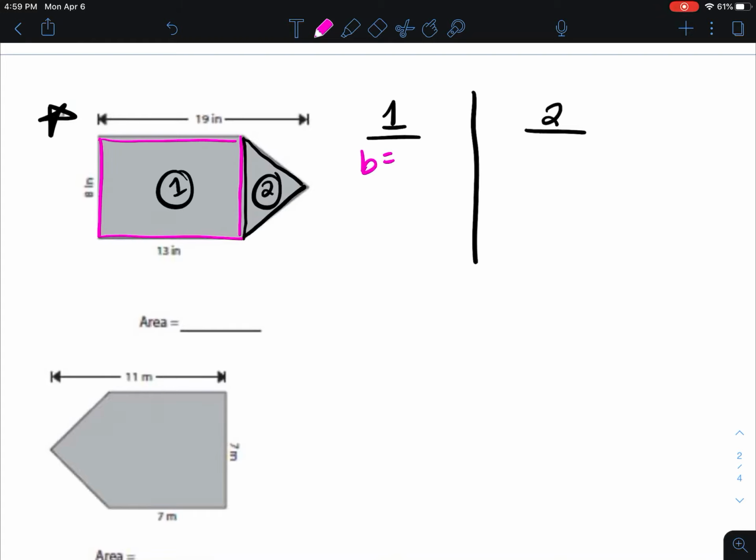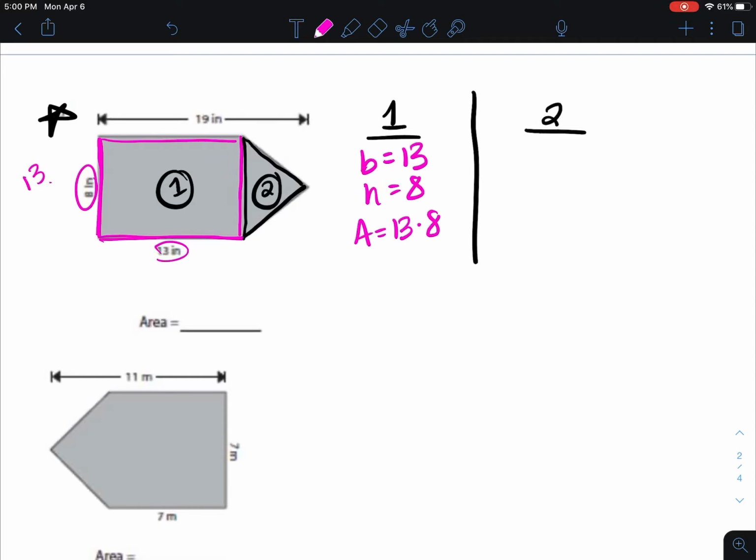So first off, I have to identify the base. If I'm just looking at that, it says that there's a 13 right there. That 13, yep, that's the base. Now, I'm going to look at how tall this is. Look at that, it gives me a number already. Easy stuff. That's an 8. So when I solve for area, I should get 13 times 8.